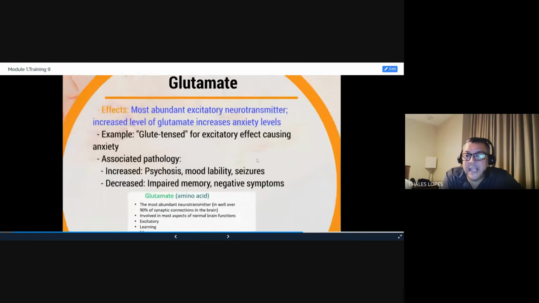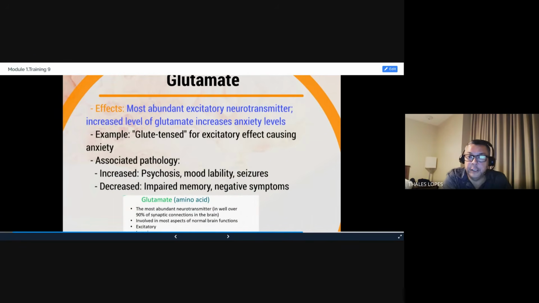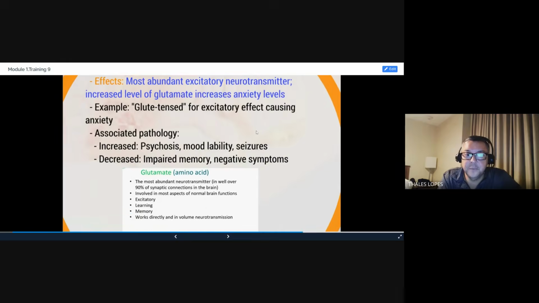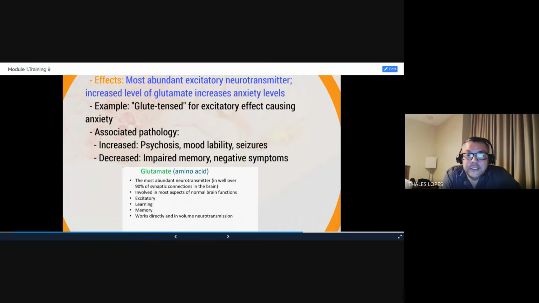Glutamate is the most excitatory neurotransmitter, right? Think glutes are tense, for the excitatory effect causing anxiety. Dopamine is not the only one that causes psychosis; glutamate does too if it's excessive. Not very high yield for the test, but so you can understand.